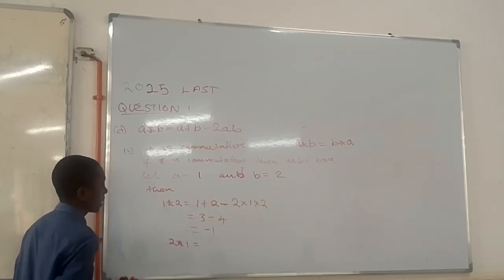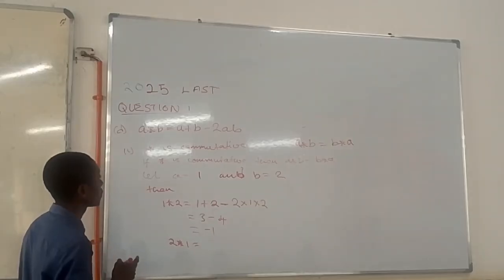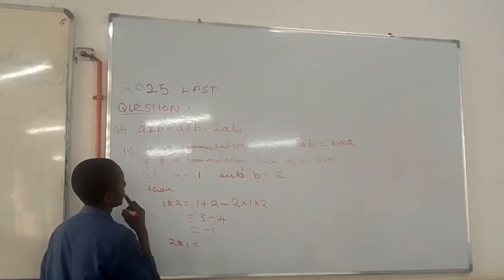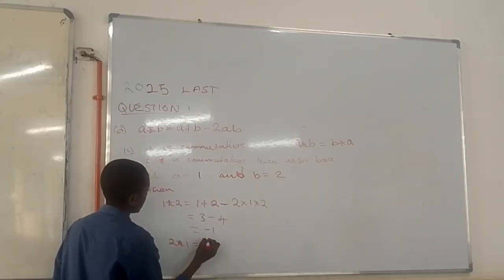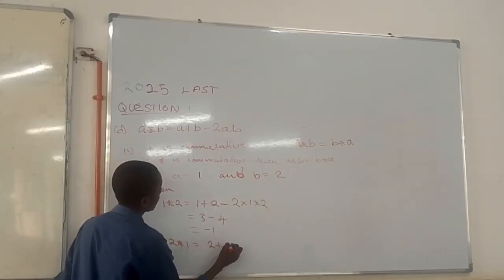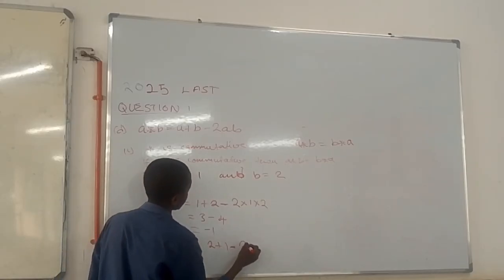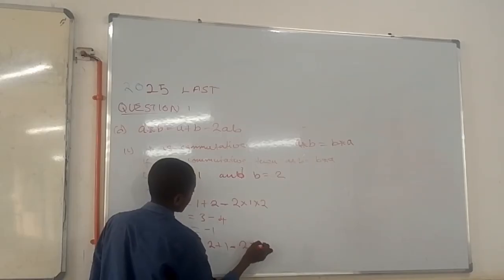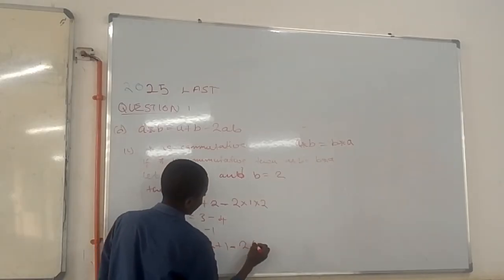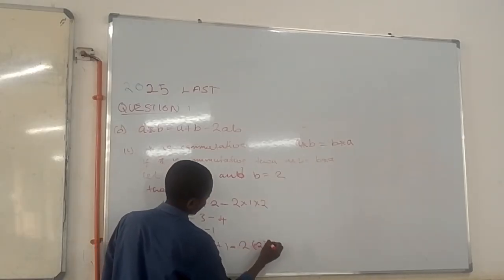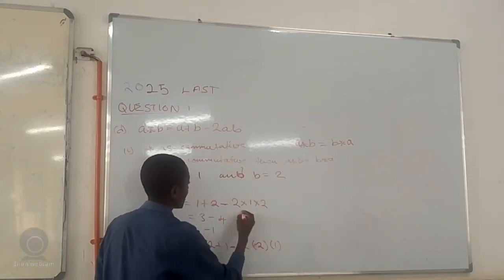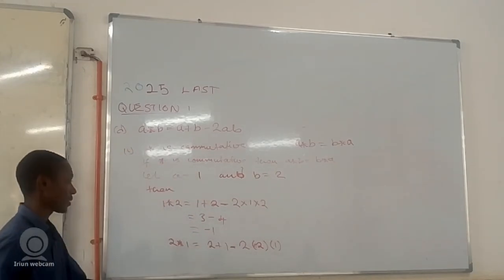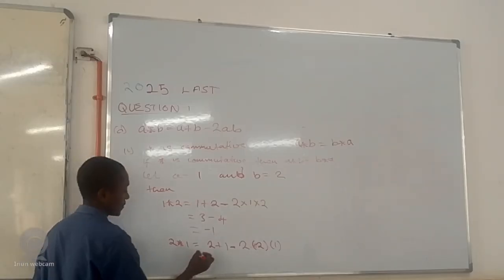2 star 1 would be, where A is 2 and B is 1. So that would be 2 plus 1 minus 2 brackets 2 times 1.